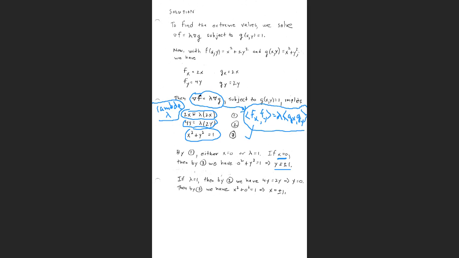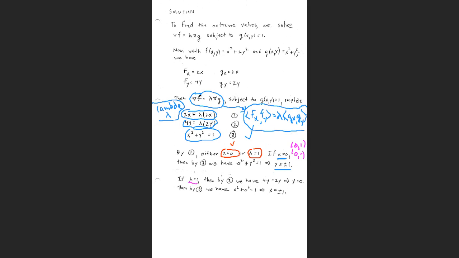Basically, we are given two paths to start: the x equals 0 path and the lambda equals 1 path. We have utilized the x equals 0 path, and we've determined that two critical points subject to the constraint are 0, 1 and 0, negative 1. Now we have to go down the lambda equals 1 path.